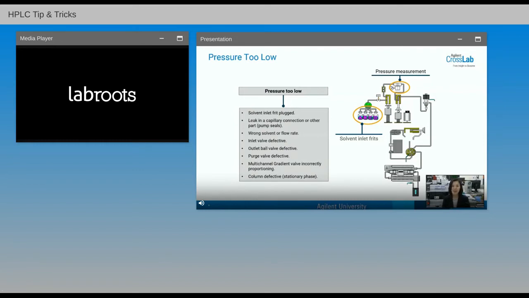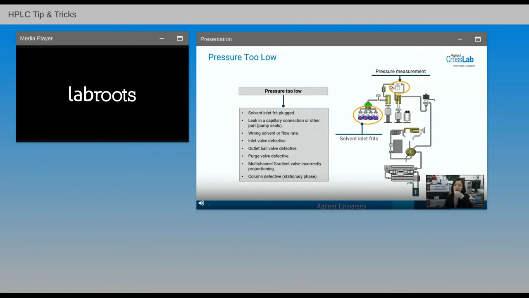Other than that, it may be due to the valves on the pump. In your pump head, as I mentioned initially, when the solvent passes through the pump, the first valve it passes through is called the inlet valve. That's why it's the inlet of the solvent to the pump head. The inlet valve will control the solvent passing through.